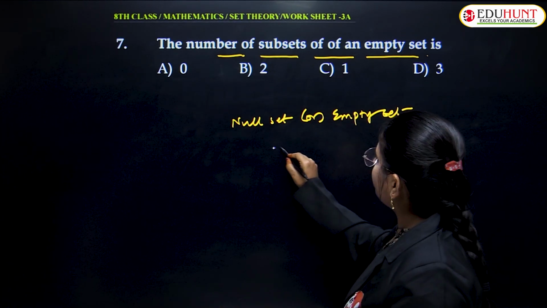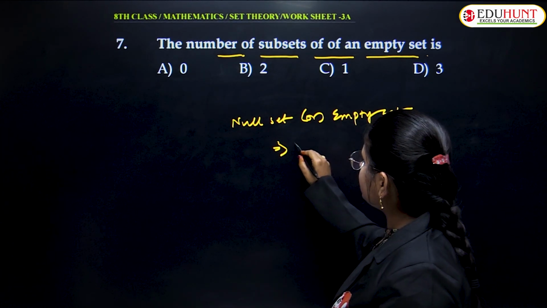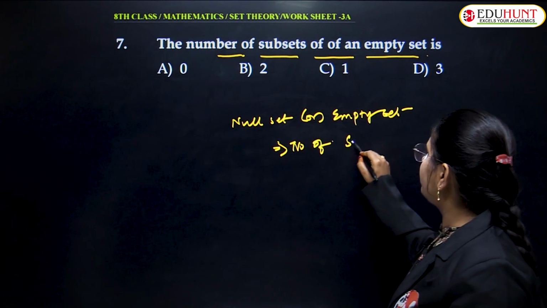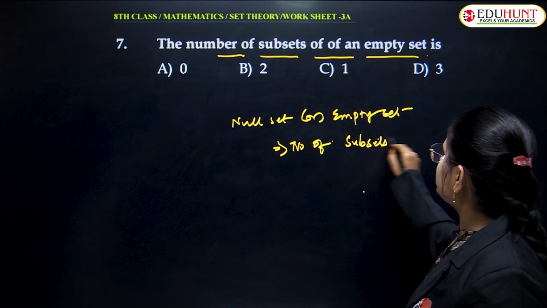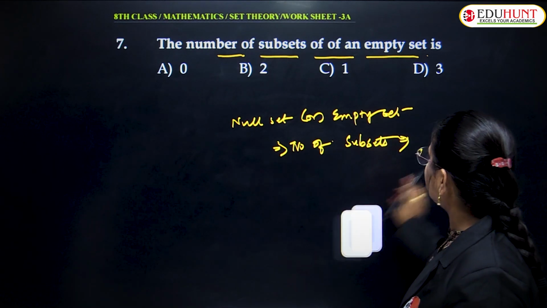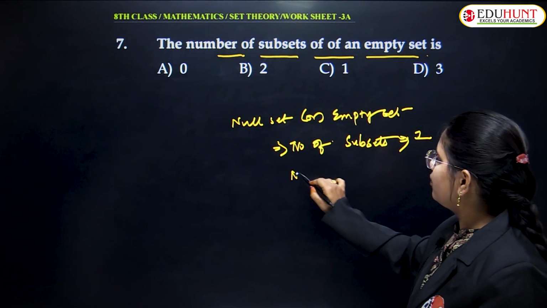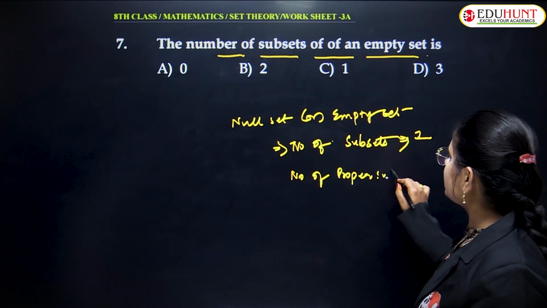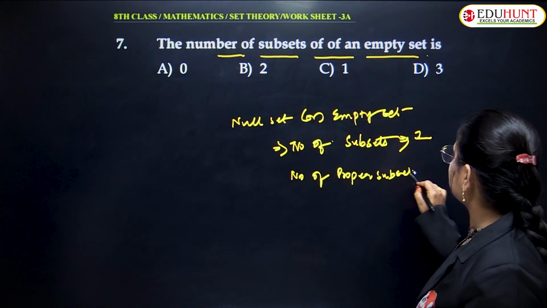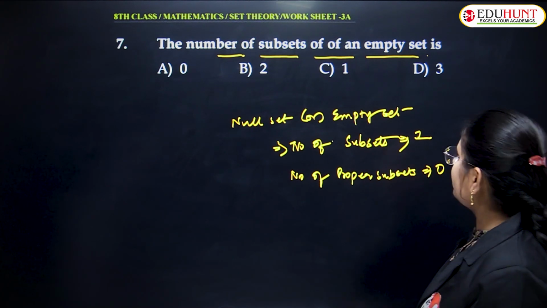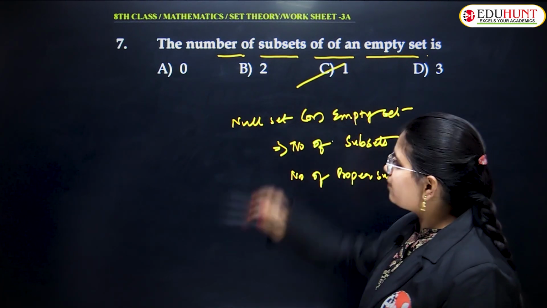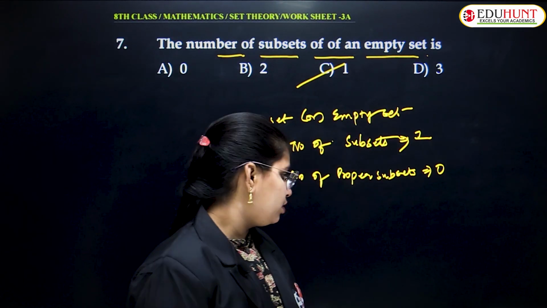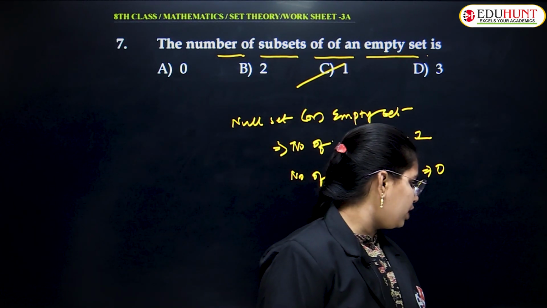So for a null set or empty set, the number of subsets is equal to how many? 1. The number of proper subsets is equal to how many, dear? 1 minus 1, it will be 0. So option C will be our answer. Okay. Can I get back to the next one? Please, this is a very important note.